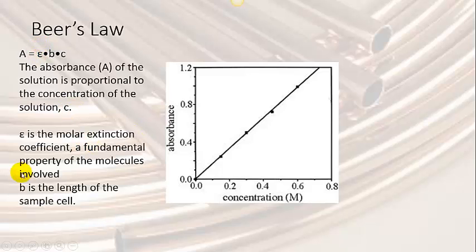The molar extinction coefficient is just a number that's unique to each material. So our copper ions in solution will have a specific molar extinction coefficient. B is the length of the sample cell. So this is the length of the cuvette that we pass the light through, and that will stay constant throughout our entire experiment. So these 2 values are constants.